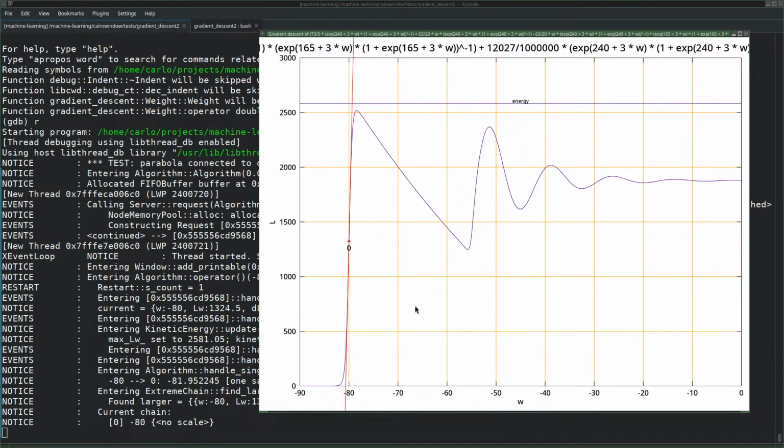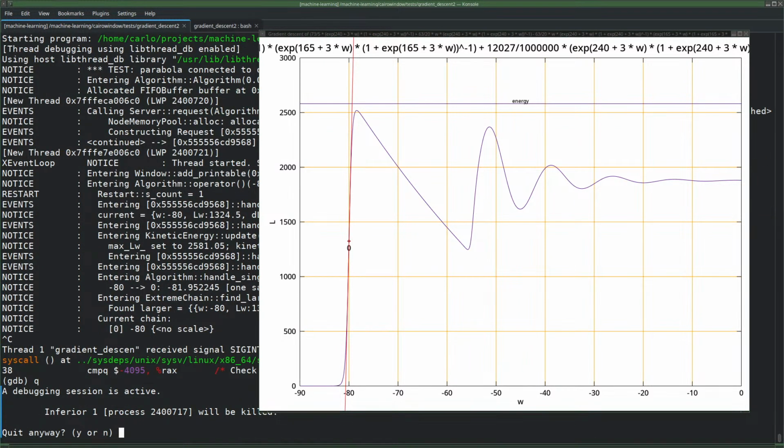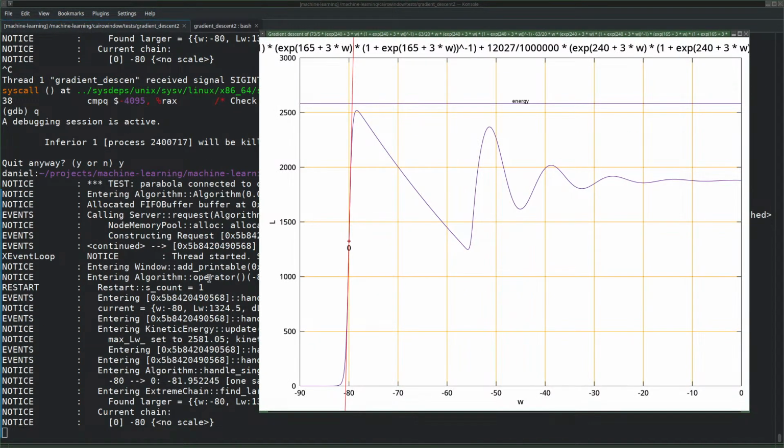I think I want to make this one way sharper. Just switch really fast. Ten times as fast, let's say. Wait, one more thing. Let's not use 0 but 2500.